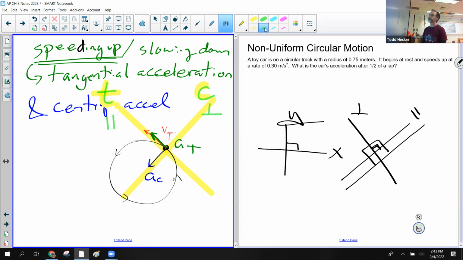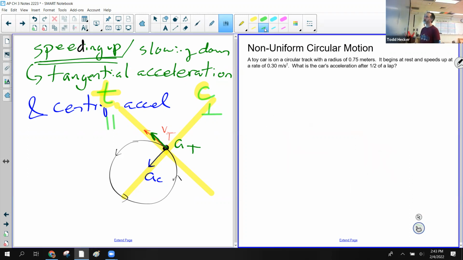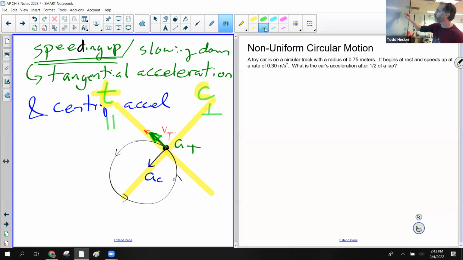Okay. So my object here is experiencing two types of acceleration. There's the green tangential acceleration and the blue centripetal acceleration. So to find the overall acceleration, now you're putting together two components, right? So you're going to have your tangential acceleration, your centripetal acceleration.